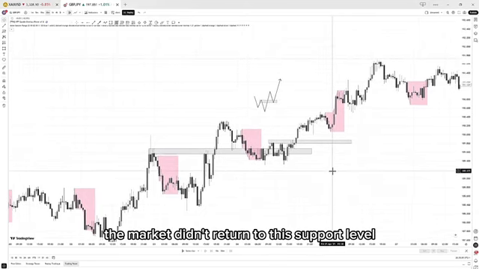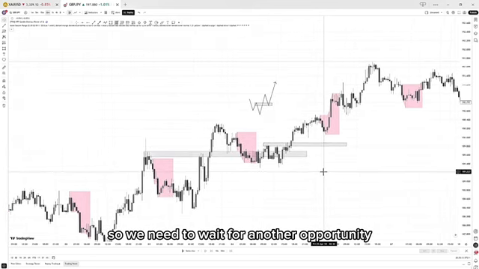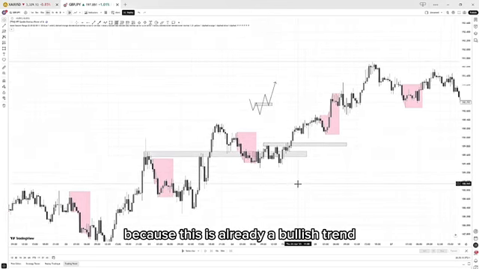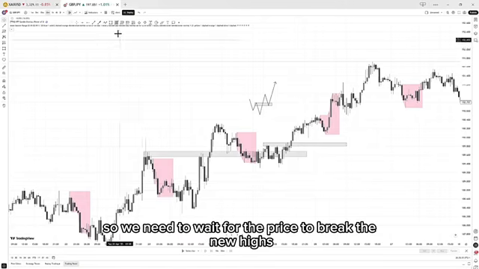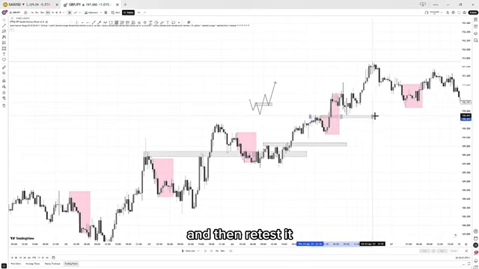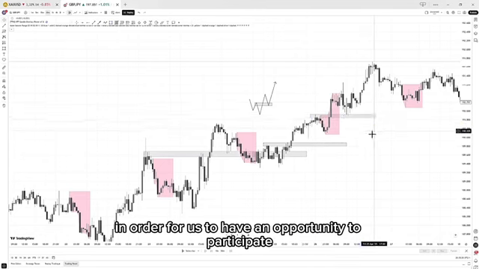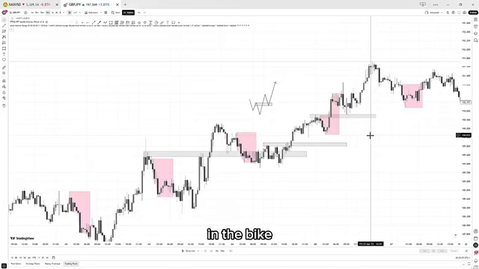In these cases, the market will return to this support level, so we need to wait for another opportunity because this is already a bullish trend. So we need to wait for the price to break the new highs and then retest it in order for us to have an opportunity to participate in the buy.